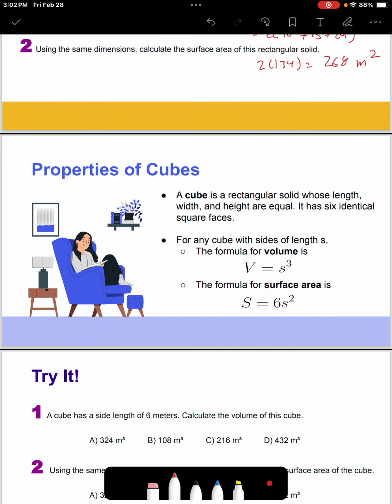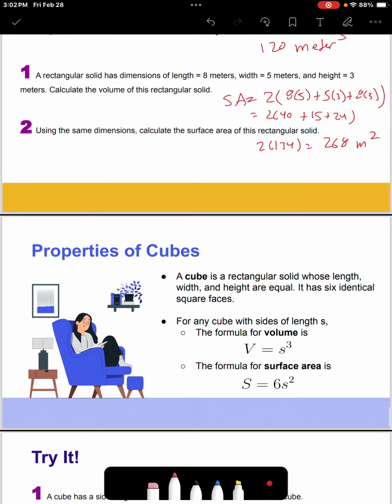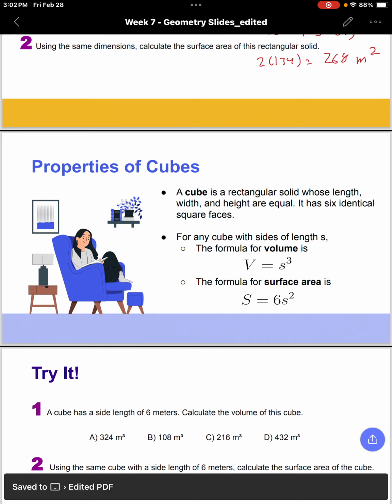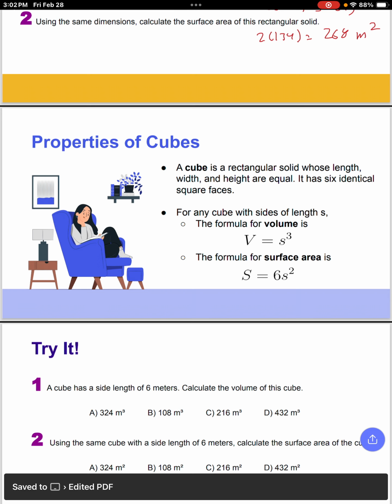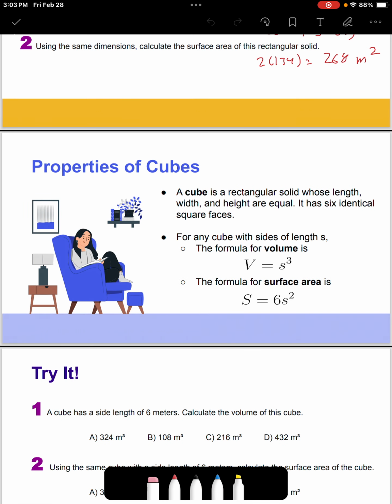Cubes. Cubes are special prisms or special solids where all the sides are the same length. So it would look something like this. So all the sides are the same length. You can actually draw that. Looks like this.